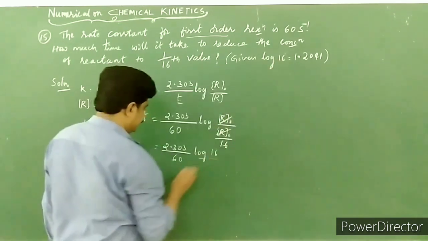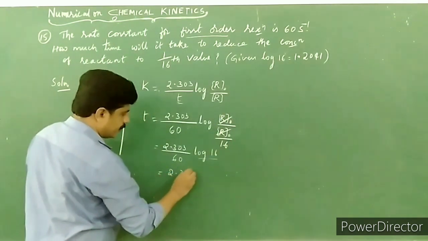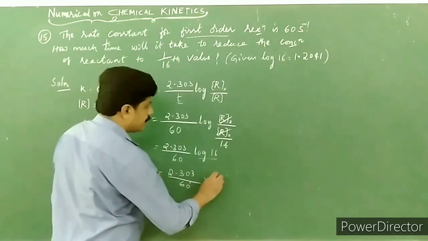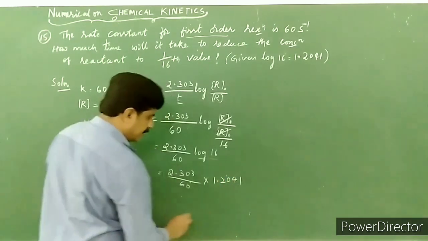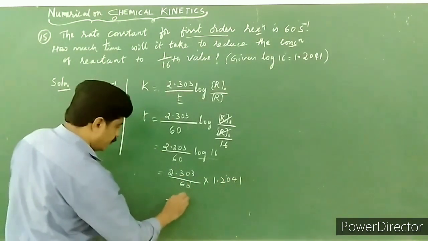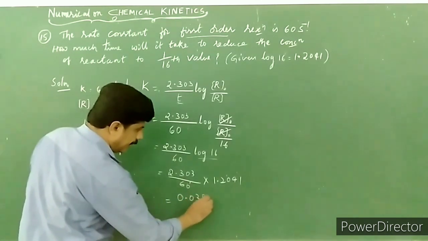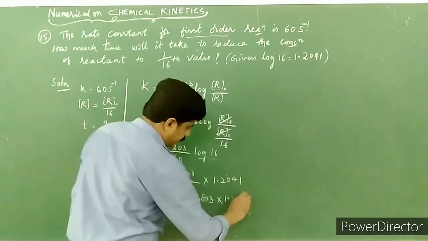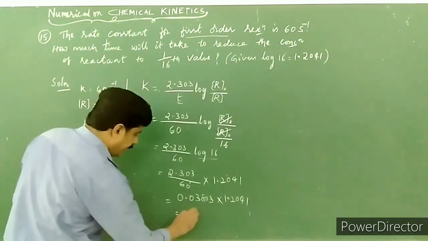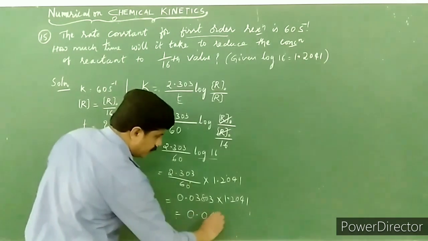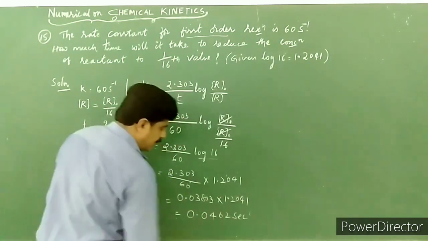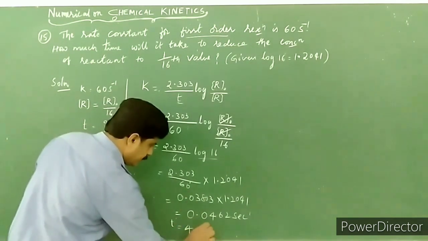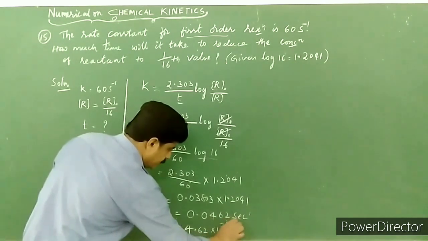The log 16 value is given here, 1.2041. Children, if you simplify this one, you are going to get 0.03803 into 1.2041. Now if you simplify, 0.0462 second, or you can write T is equal to 4.62 into 10 to the power of minus 2 second.